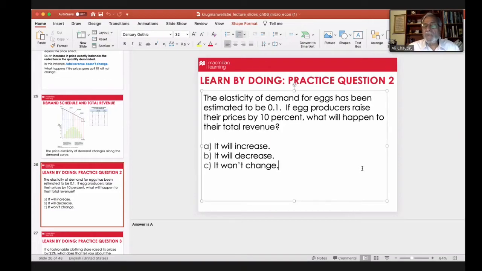And therefore, you get more from the revenue increase from the price, and it more than covers the loss you have incurred because you lost some units that you didn't sell. When the price elasticity of demand is equal to 1, it simply says that if I increase the price by 10%, my elasticity says that the same percentage will be the result in the quantity demanded.